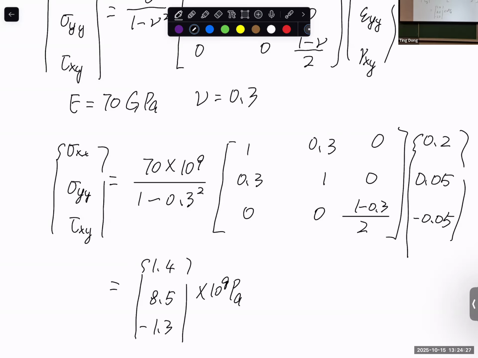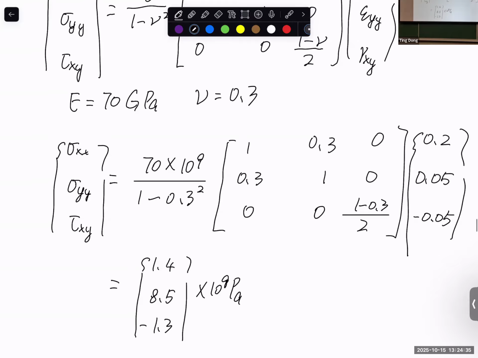But just realize that the symmetry for plane stress and plane strain is not the same. Any question here? Any other question?